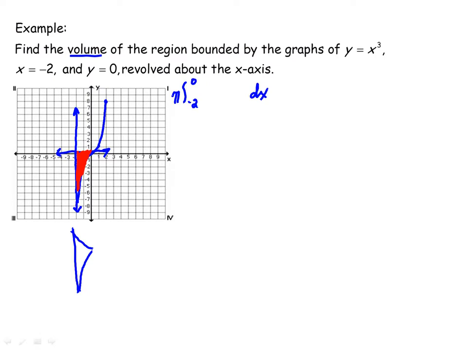Now, what is the top? 0, yes. Minus what? Which essentially is going to turn into what?